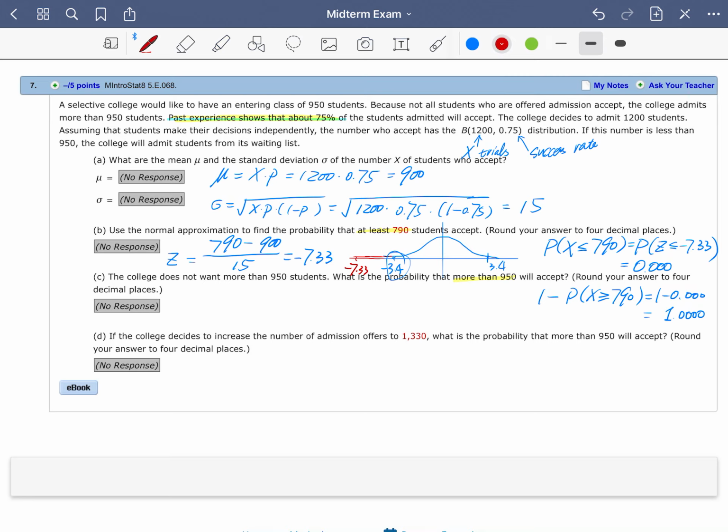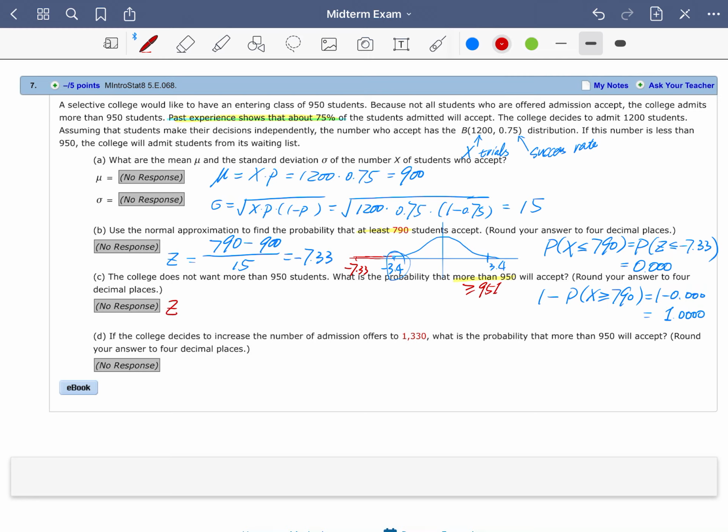So more than 950 means we are looking for a number greater or equal to 951. If you're looking for greater or equal to 950, then 950 is included, but 950 is not more than 950, right? So you have to use the number 951 instead of 950.